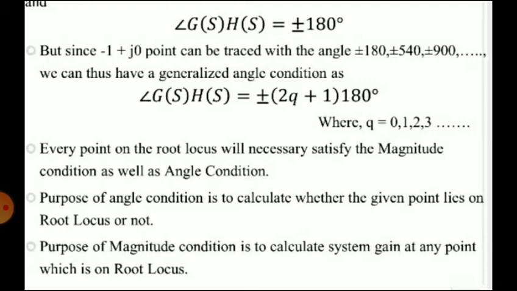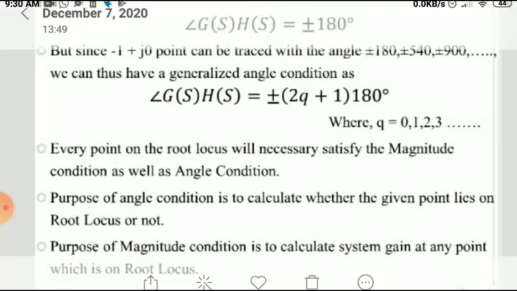The purpose of the angle condition is to determine whether a given point lies on a root locus or not. The purpose of the magnitude condition is to calculate the system gain at any point which is on a root locus.